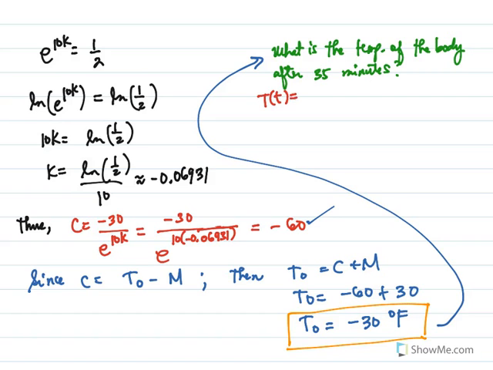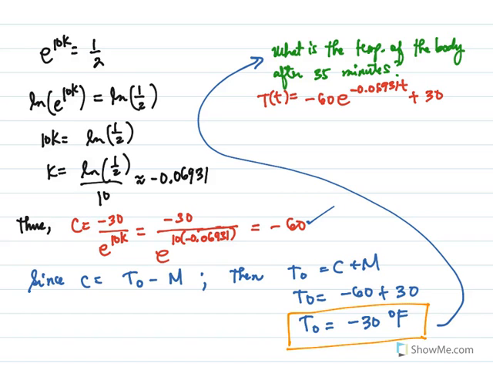T of t is equal to negative 60 e to the negative 0.06931 t plus 30. Now, this one will already give us the temperature at any time t. Kasi alam naman natin si C, negative 60 na yon. So, pwede natin siya i-plug in dun sa ating general equation, para makakuha tayo ng particular solution natin.